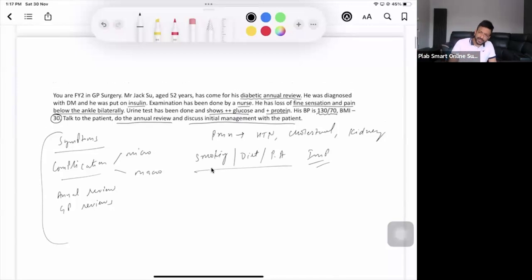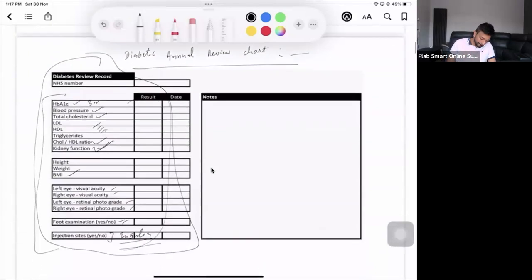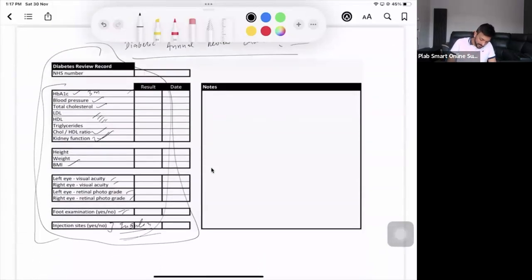Now, in this station, when you entered, you have got a fundoscopy mannequin again. So in diabetic annual review, what are the things you do? You check BMI, you check blood pressure, you do eye examination, you do foot examination, you check injection sites as well.